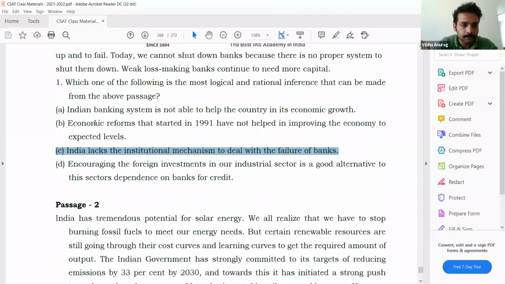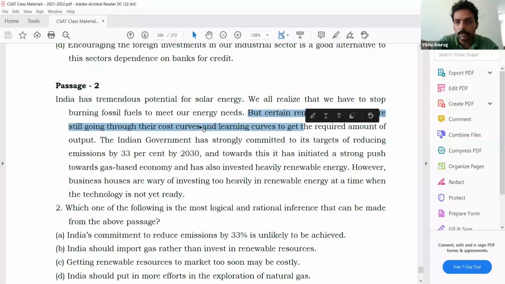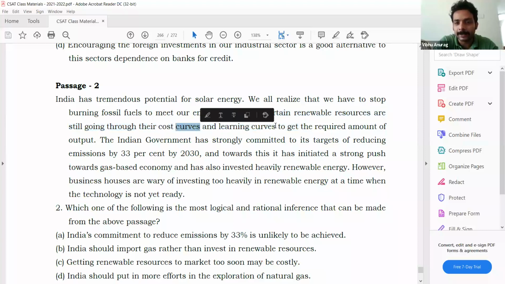So that's C. Then passage 2. India has tremendous potential for solar energy. We all realize that we have to stop burning fossil fuels to meet our energy needs. So we have to make the shift. But certain renewable resources are still going through their cost curves and learning curves. So they're still reducing the cost and they're still learning to get the required amount of output.